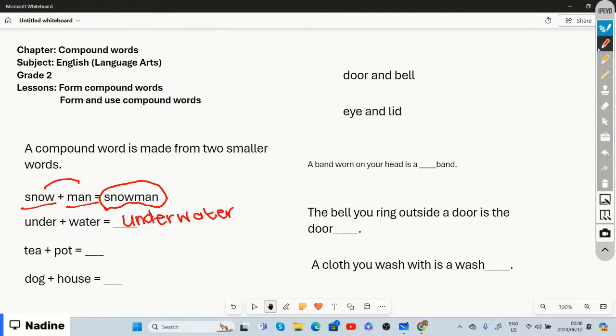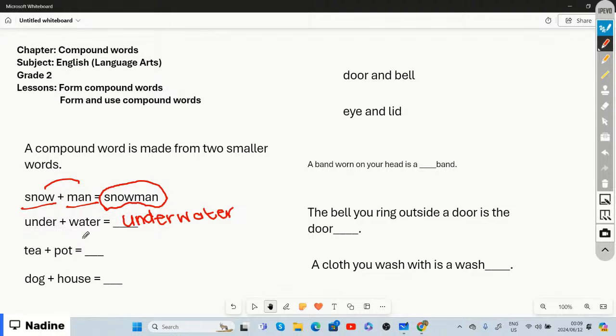So you don't say water under, but it is underwater.